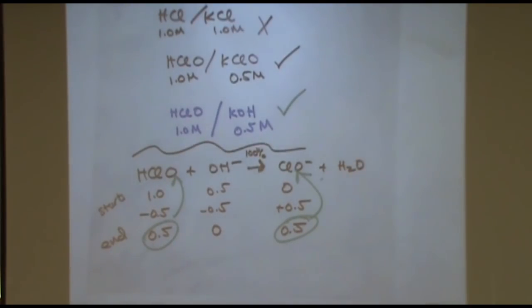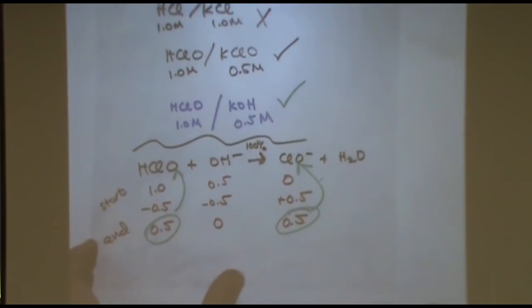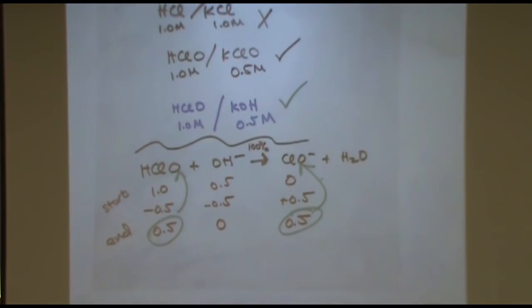We'll do an example like this in class next time, on Tuesday. Any questions on that? If not, I'll say a tiny bit about Le Chatelier and then let you go. Any questions? No? Okay. Next.